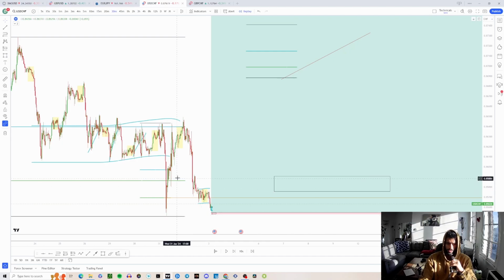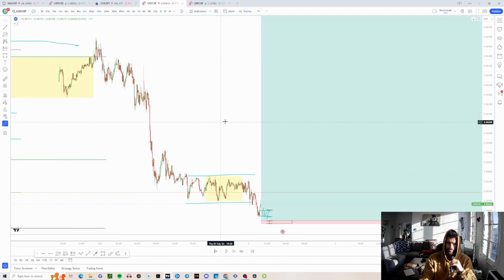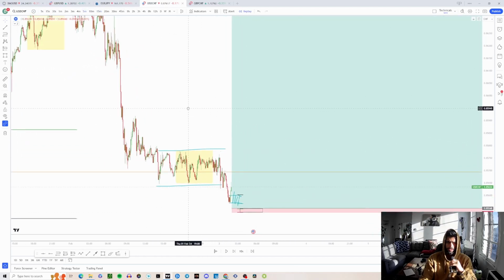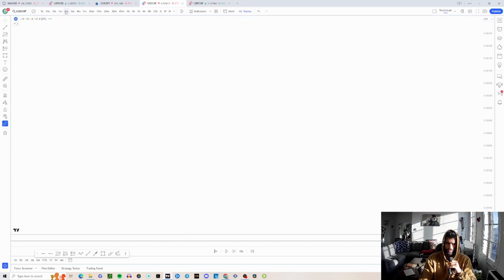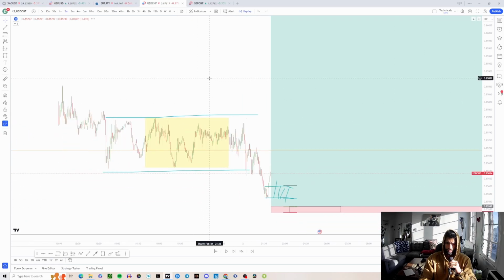So price comes in to super discount, and then look what happens in the lower time frame again. This was the day of NFP, so institutions were active here. Like I said in the beginning of the video, when institutions are active, you're trading with the sharks. So you could be eating off that too.